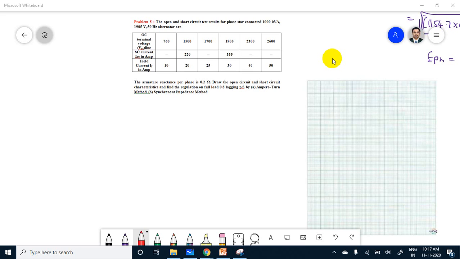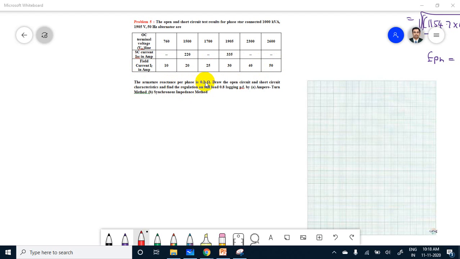Short circuit results for a three-phase star-connected 1000 kVA, 1905 volt, 50 Hz alternator. The open circuit voltage values are given, and they are in line values. The short circuit current ISC and field current IF are given.